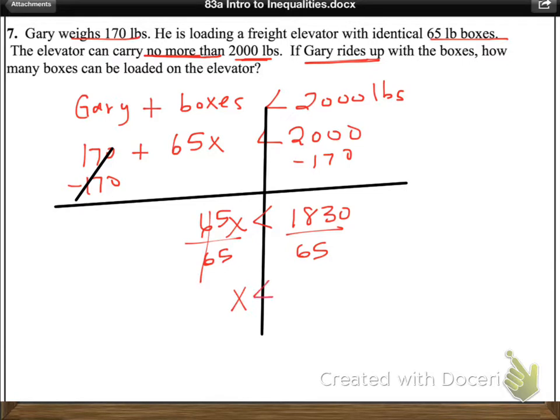And X has to be less than 28.2. All right, so really, if I'm answering a word problem, you can't have 0.2 of a box, right? So the most boxes that he can have would be 28 boxes.